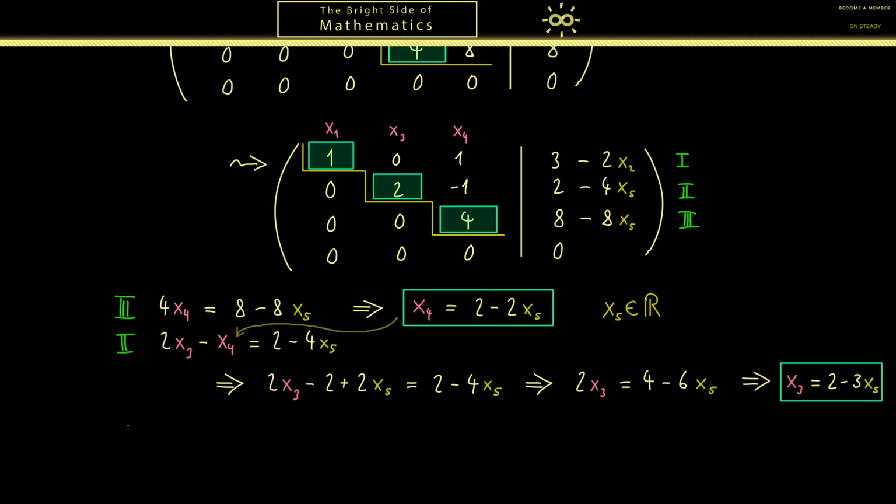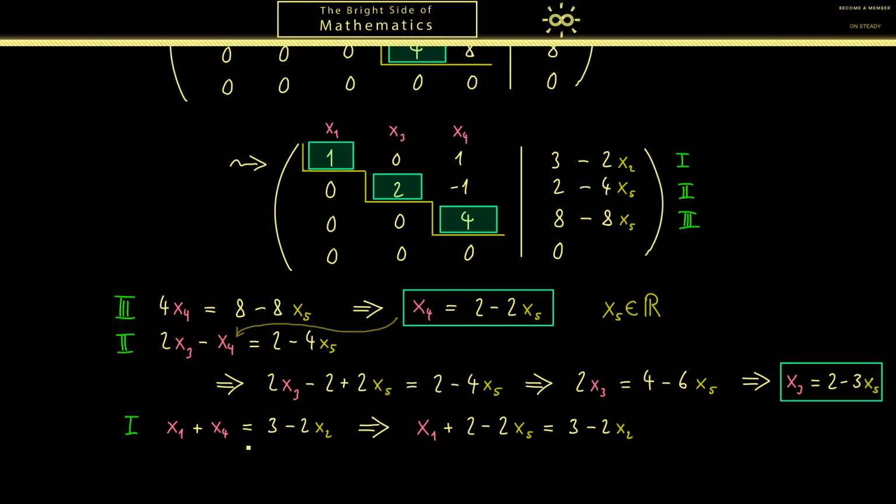Okay, and now only the last row and the last variable x1 remains. However, this equation is very simple. We have x1 plus x4 is equal to 3 minus 2x2. And please don't forget, x2 is also a free variable. But x4 on the left hand side is not, therefore we have to get rid of this by using this equation here.